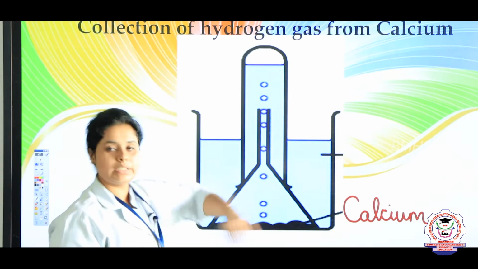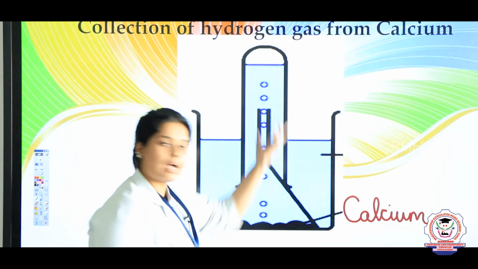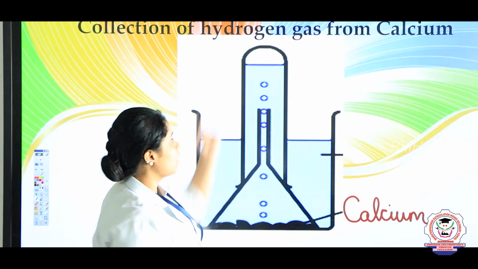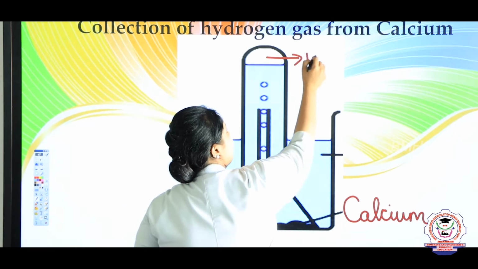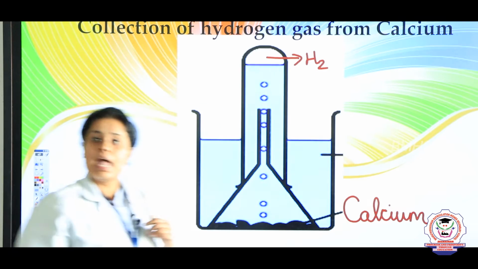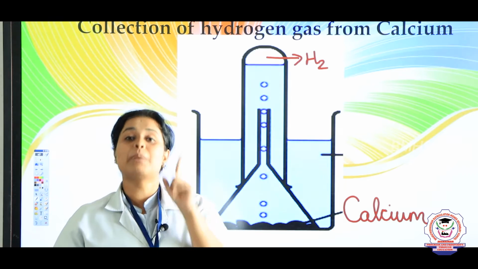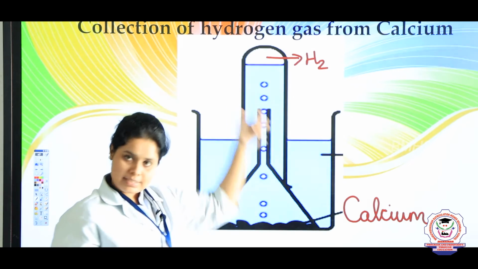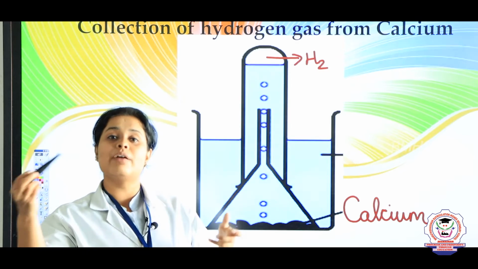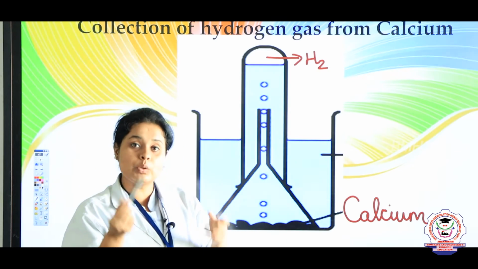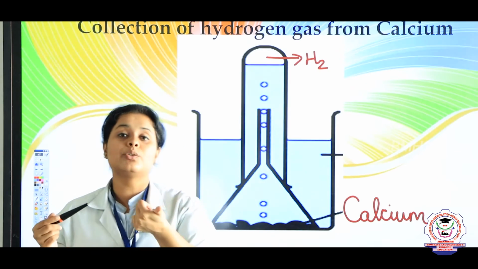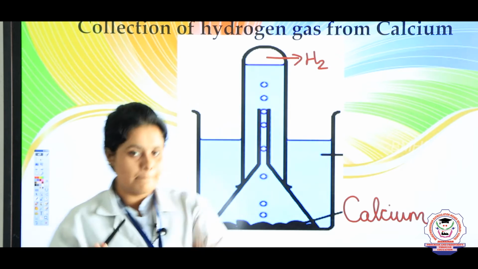Now if you are closing it, you will observe that some bubbles are coming. They will get accumulated over here as H2 gas, and again, if you want to confirm whether hydrogen is present or not, you have to take this test tube and put a burning matchstick in it so that it brightens up, and you will get to know that yes, hydrogen was present, right?